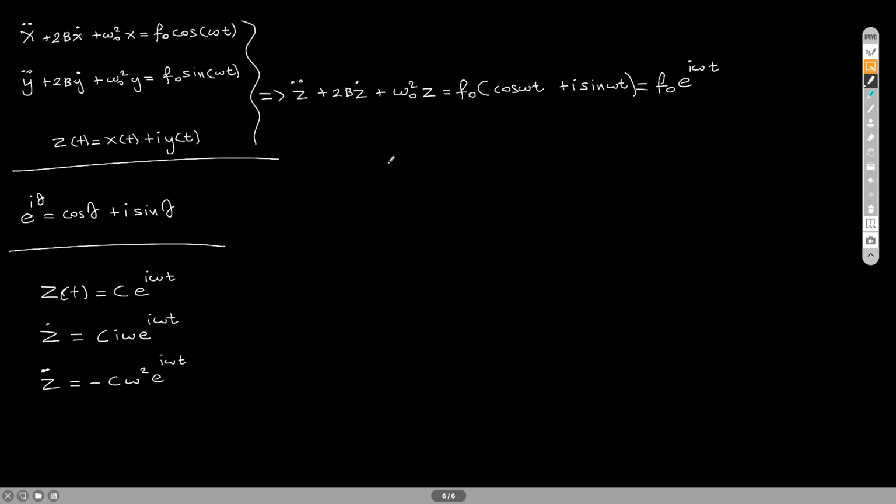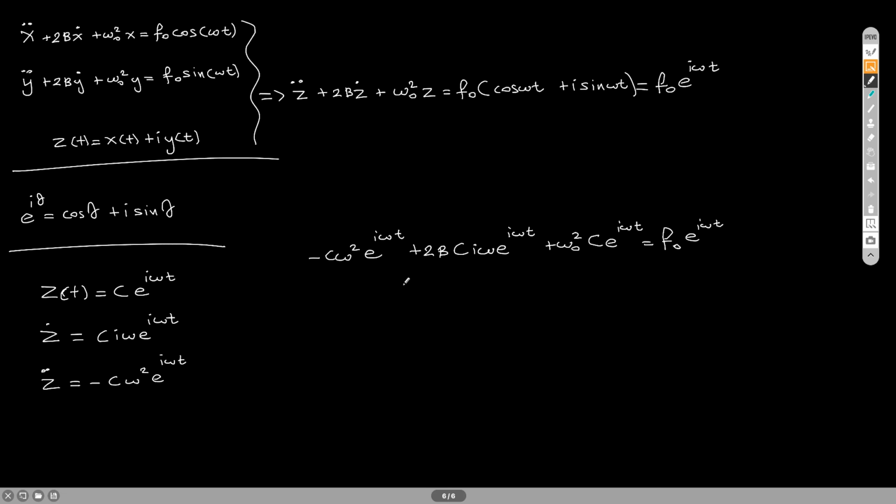Now, if I take all of this and plug it into the equation, I will get minus C omega squared e to the i omega t plus 2 beta C i omega e to the i omega t plus omega naught squared C e to the i omega t, and this will be equal to f naught e to the i omega t.